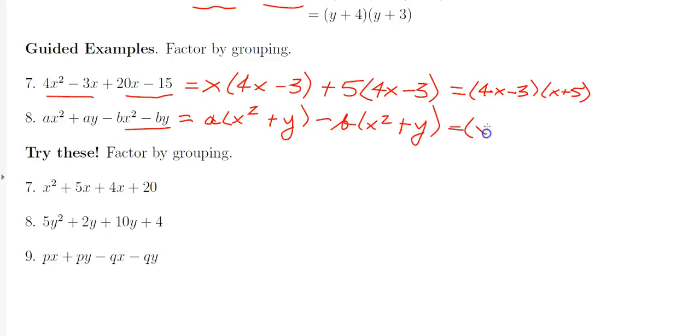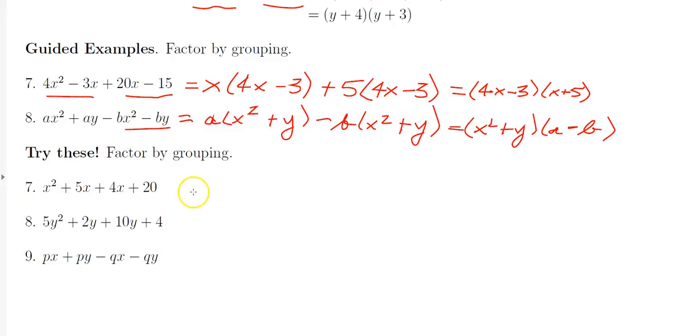So x squared plus y is a common factor, and it's multiplied by a minus b. So if we multiply back, we have ax squared minus bx squared, ay, and minus by, and all those terms are in the original polynomial.